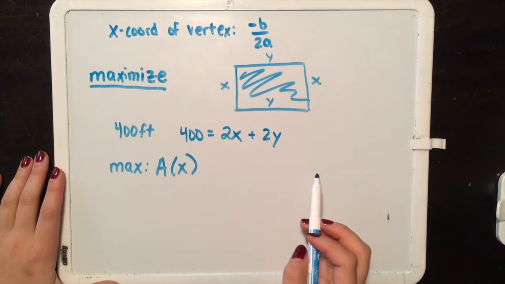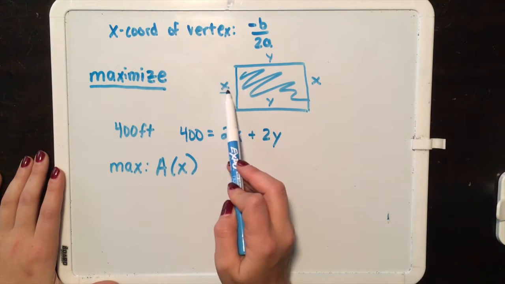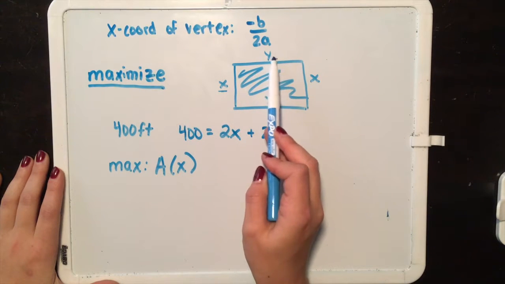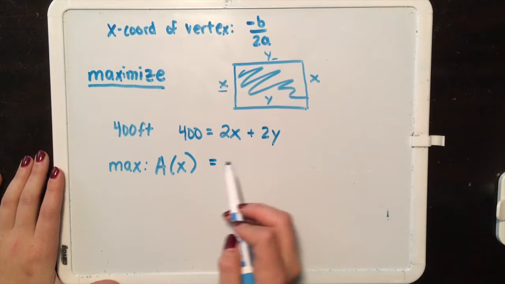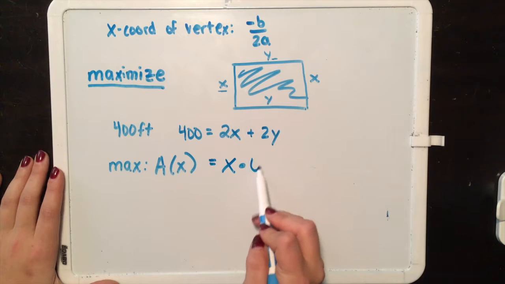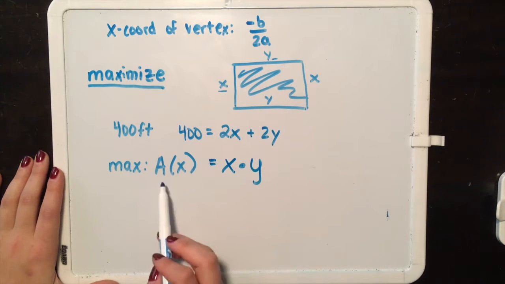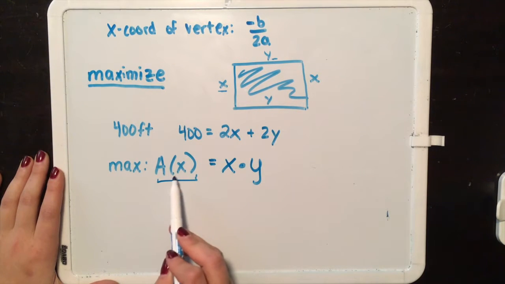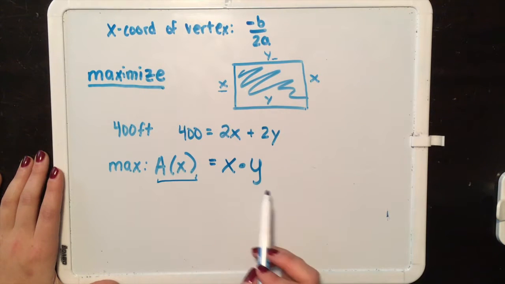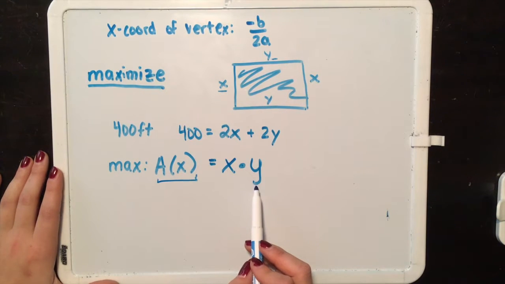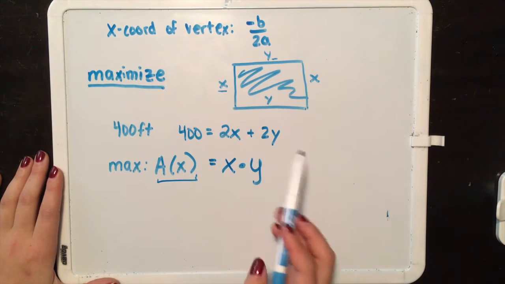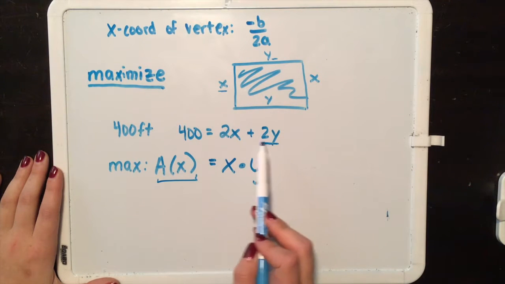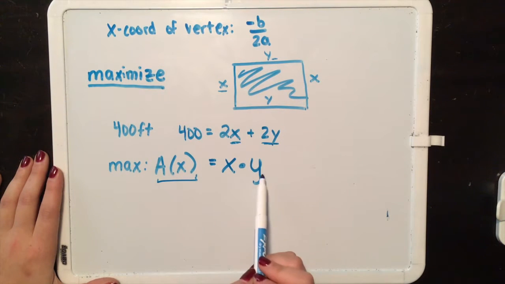The area of a rectangle is just length times width, or x times y. But this area function must be a function of only x, and we have a y here. So we need to find y in terms of x to replace in the area function.